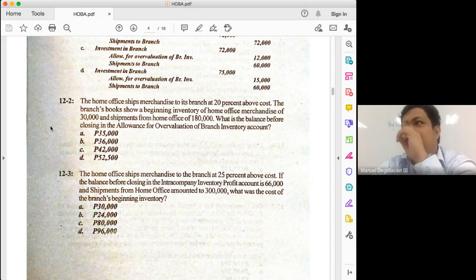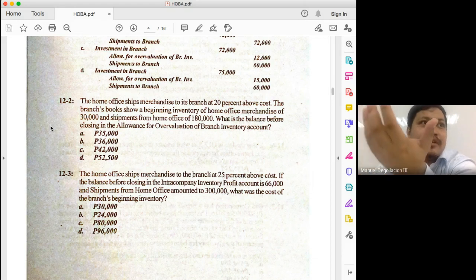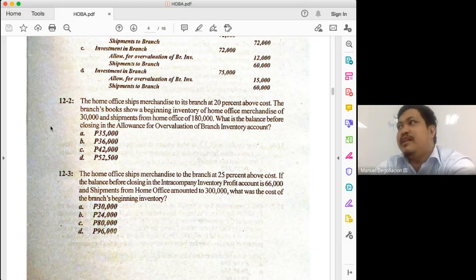How much was the shipments during the year? 300, given in the problem, class. Okay, I hope you're still able to follow. Tigas at bill price is 330. Shipments during the year at bill price is 300. So what does that tell us? That the beginning inventory is 30,000. But the 30,000 is still at bill price.